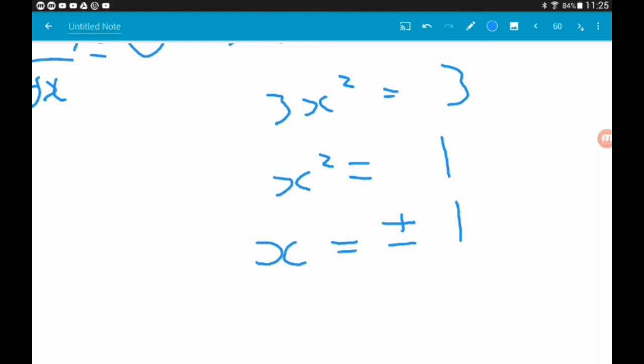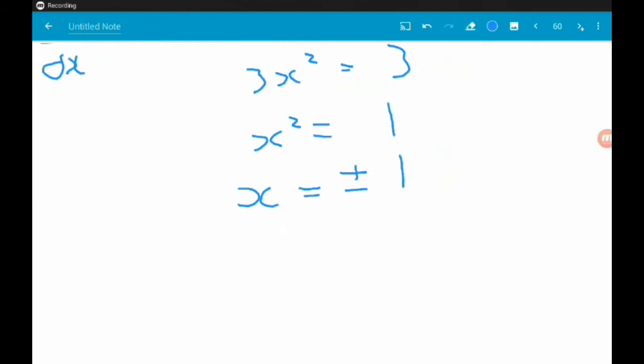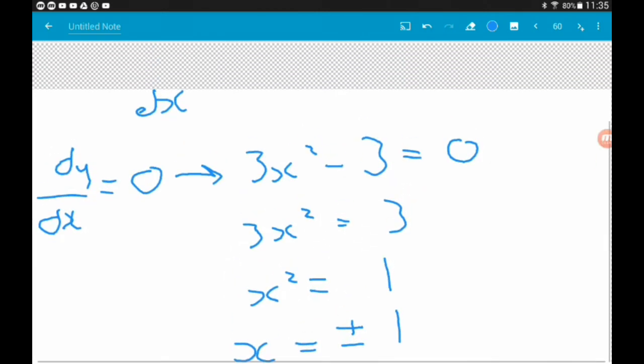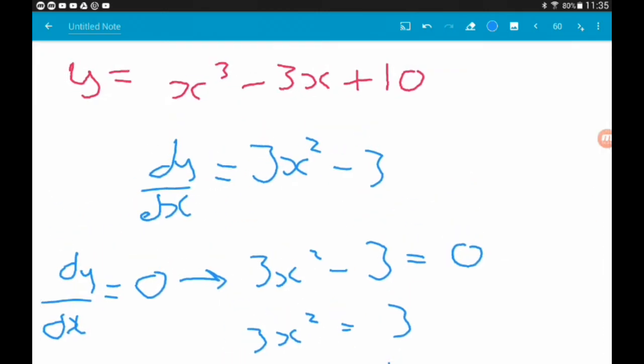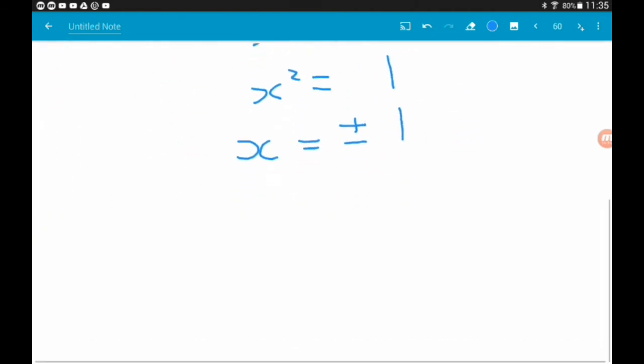So now we want to find the corresponding y coordinates. So we substitute each x value separately into the original function. So our function is x cubed minus 3x plus 10.